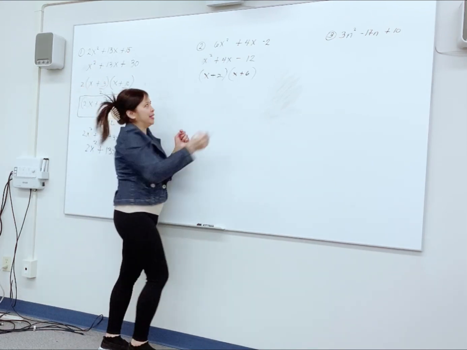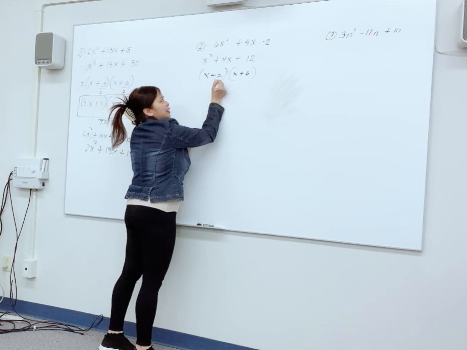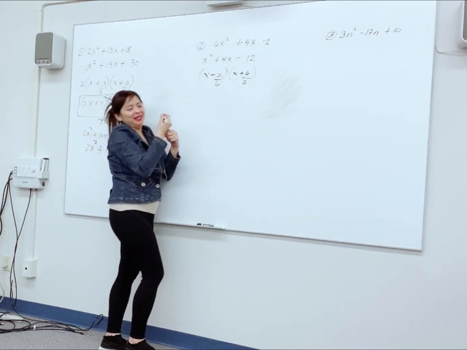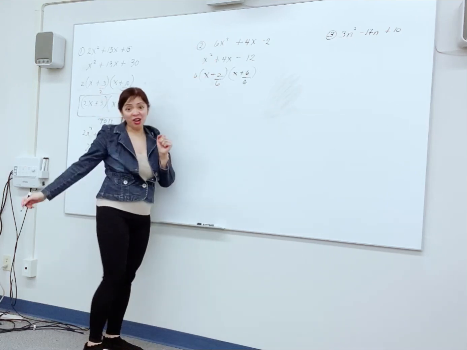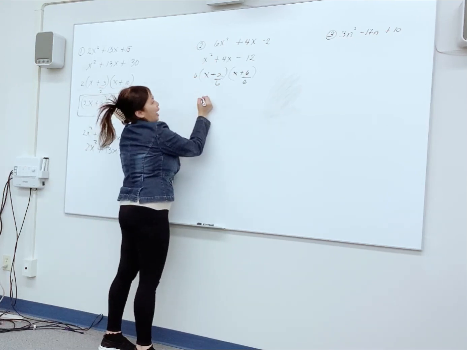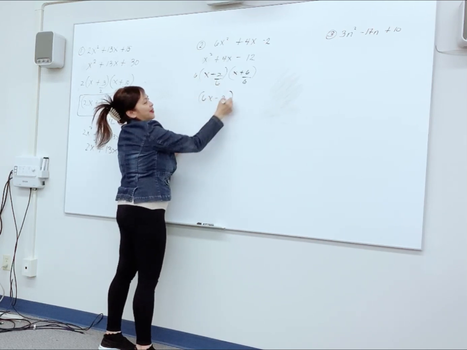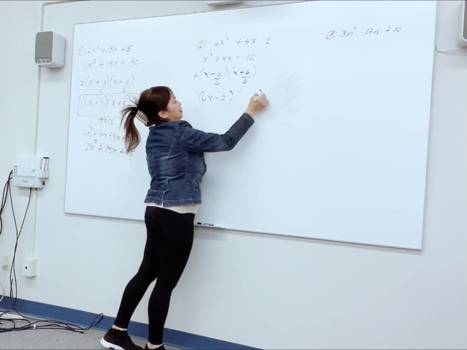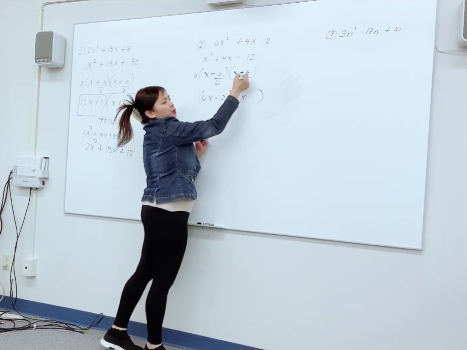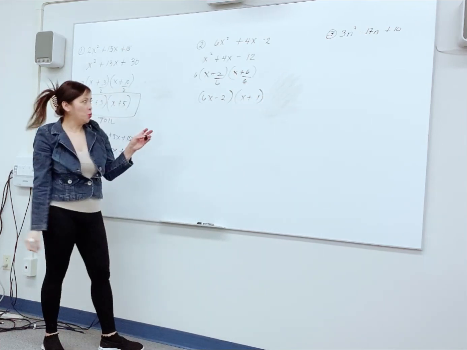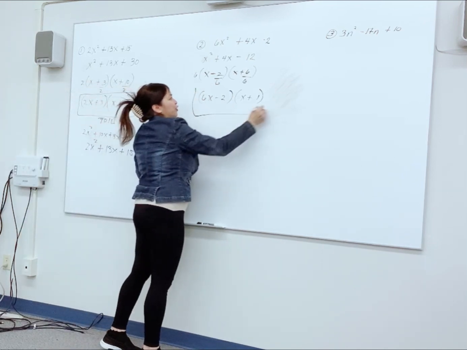What's the technique? Divide this by 6 and then multiply it by 6. So what you have now is 6x minus 2 and x over 1 plus 1. And this will be your final answer.